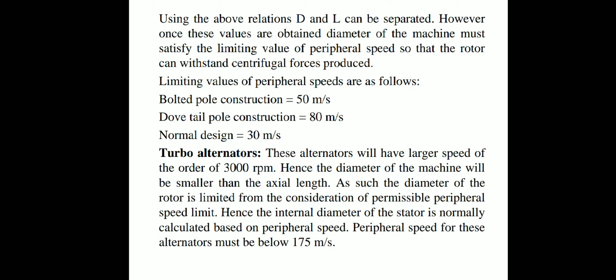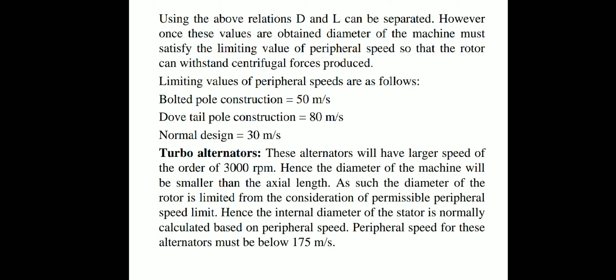Limiting values of peripheral speeds are as follows. Bolted pole construction is 50 meter per second. Dovetail pole construction is 80 meter per second. And for normal design it is 30 meter per second.